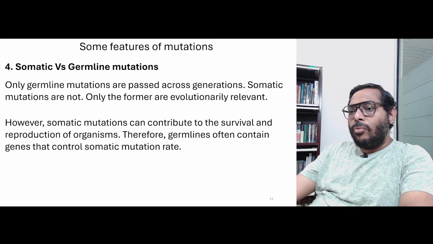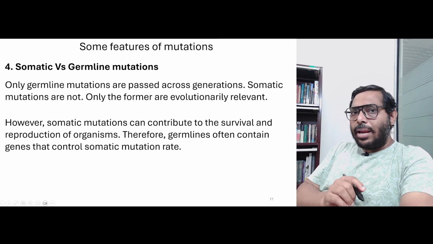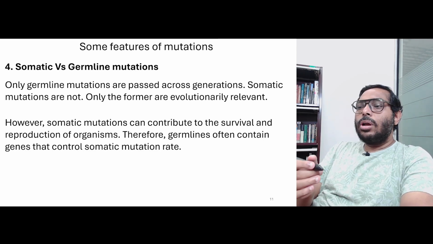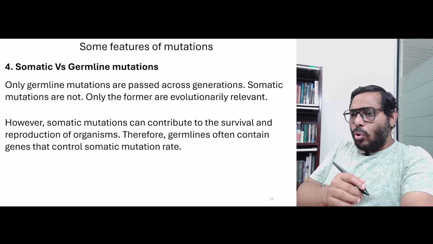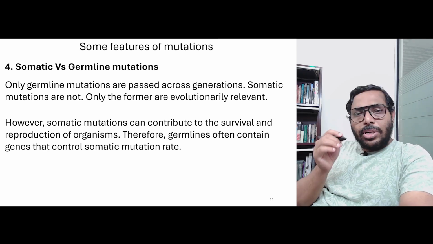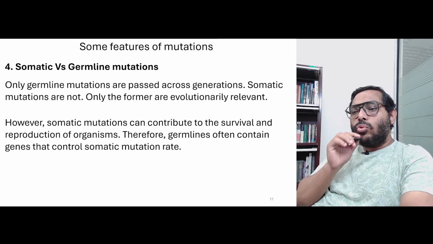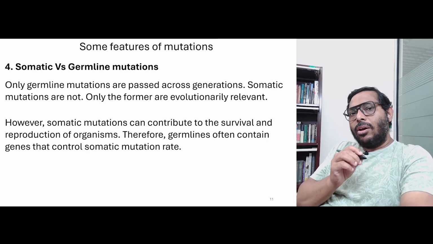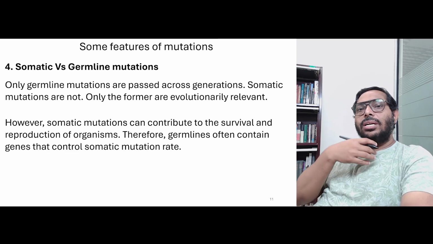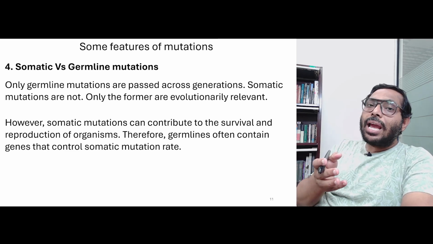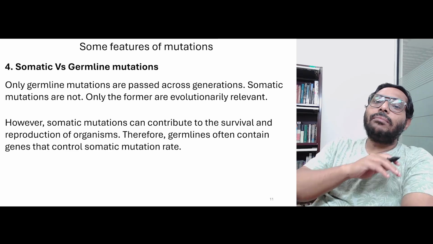However, somatic mutations can, and of course they do, contribute to the survival of the person, and both survival and reproduction. So, the germline often contains mutations, genetic variations, which can have an effect on the somatic mutation rate.